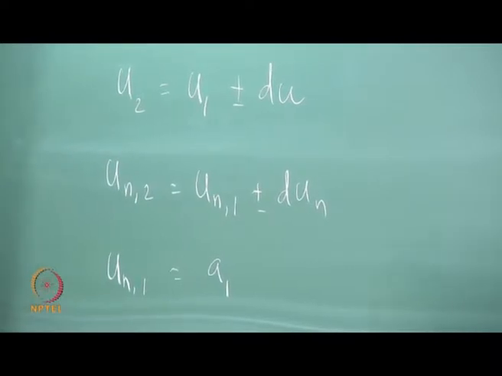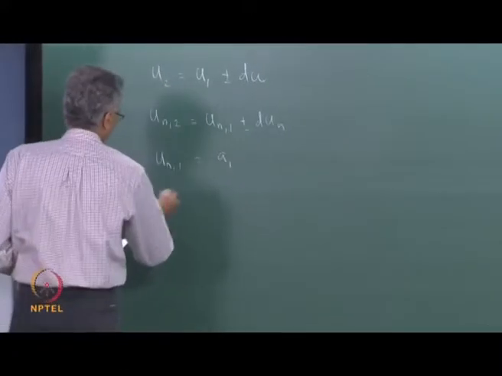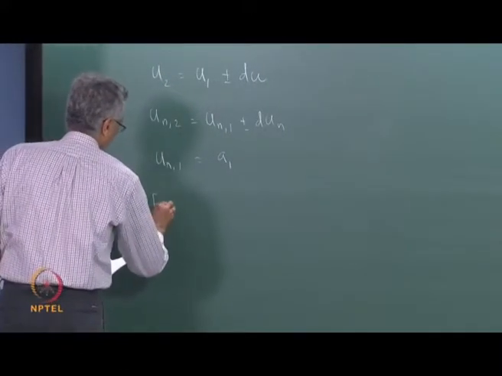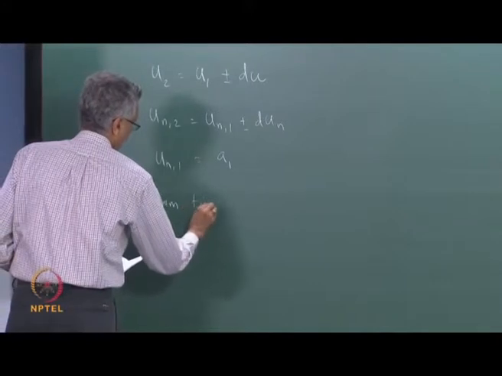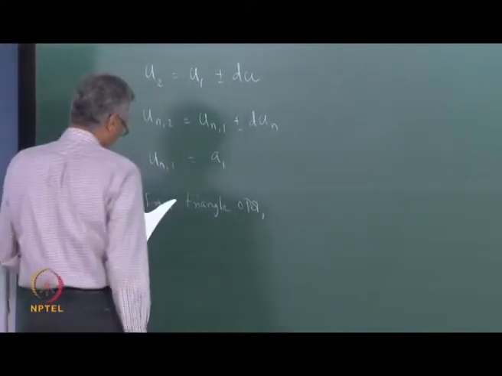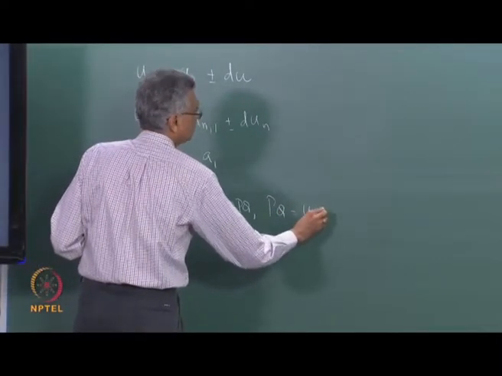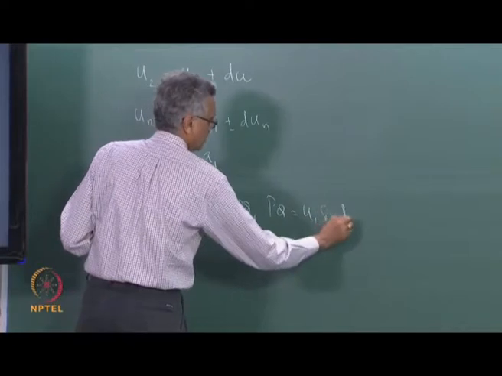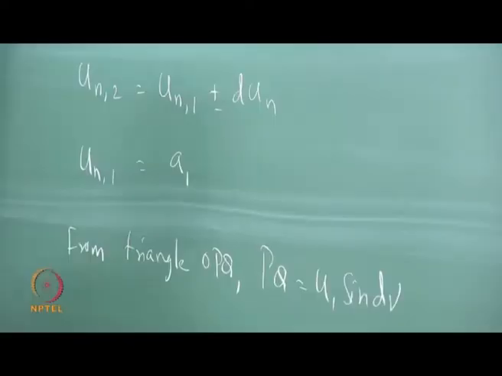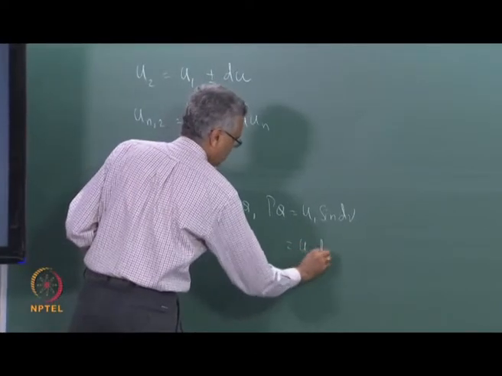Based on the triangles, for example, from triangle OPQ, we wrote PQ equal to u1 sine d nu, and for small values of d nu, this can actually be written as u1 times d nu.